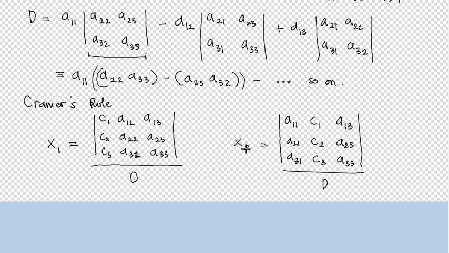And if you want to find x3, it's just the same calculation as x1 and x2. You can do it by yourself. Okay, this is Cramer's rule. You can directly find x1, x2 and so on by using this formula. Of course, you have to find the determinant first.